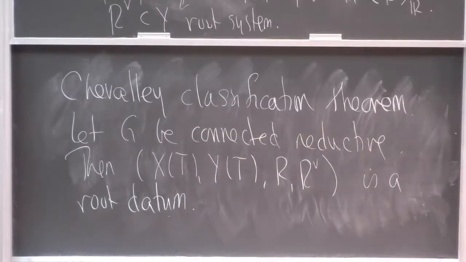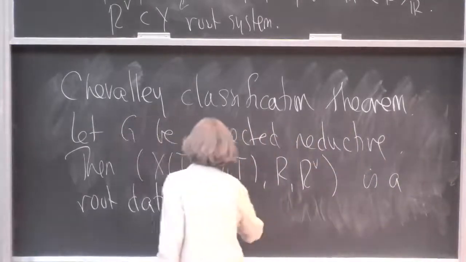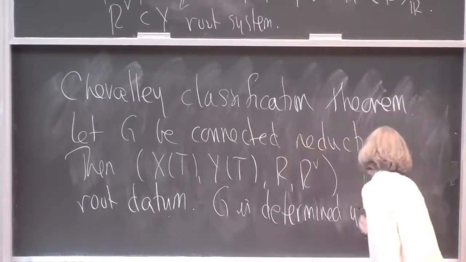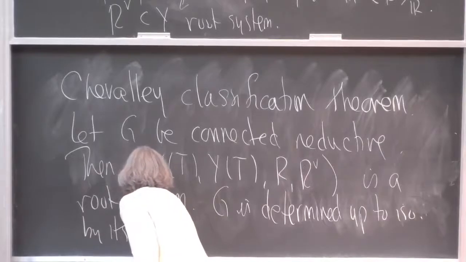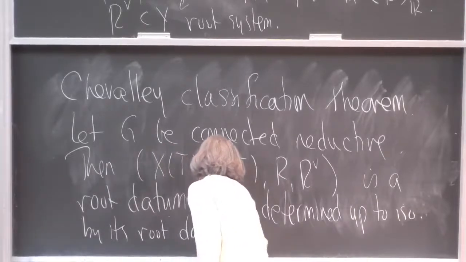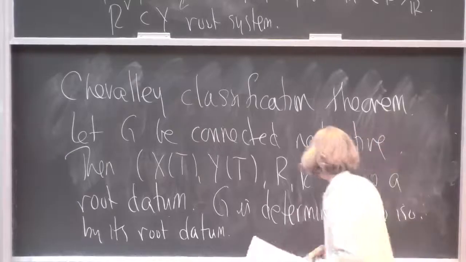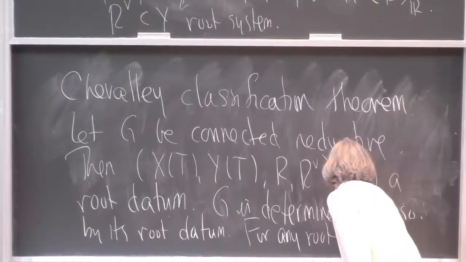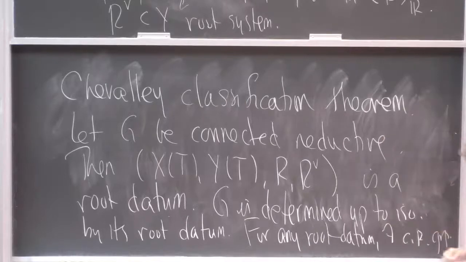G is determined up to isomorphism by that. So there is a notion of isomorphism of root data. G is determined up to isomorphism by its root datum. And for any root datum, there exists a connected reductive group that realizes it.